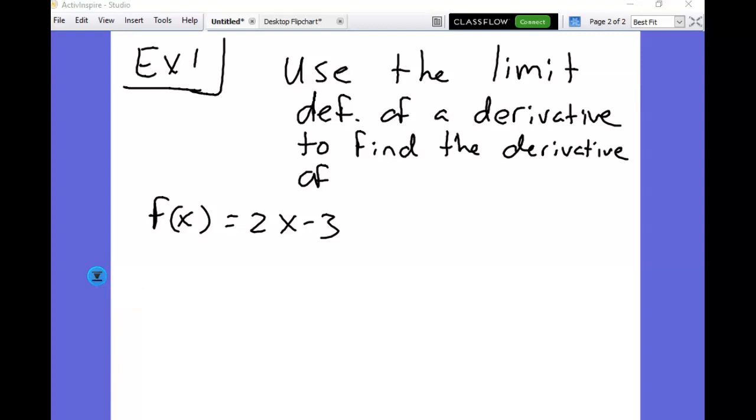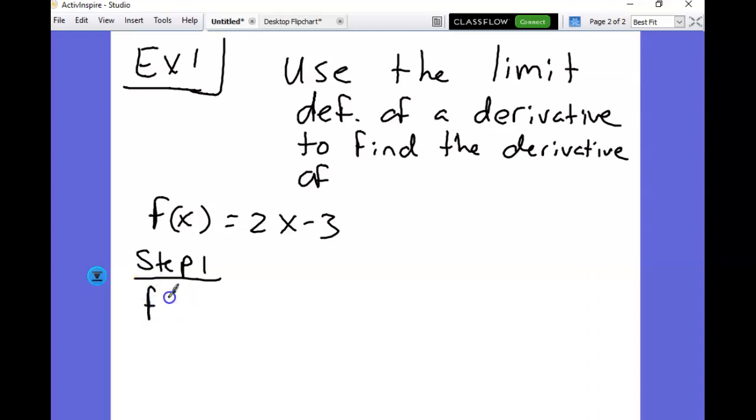Okay. So we want to find the derivative of this. What's the instantaneous rate of change? Well, we need to find out what's our y2. Our y2 comes about by plugging in our x2. What's our x2? Our x2 is x plus a little bit more, which we call delta x, right?